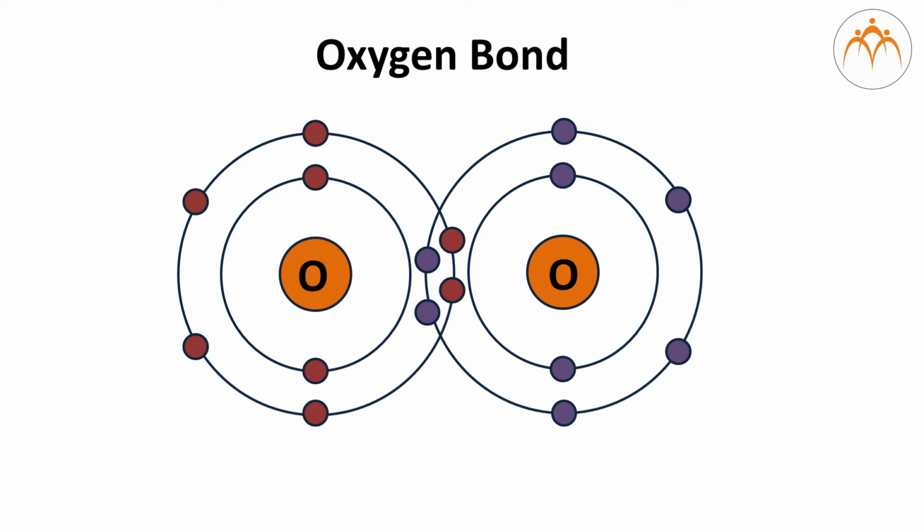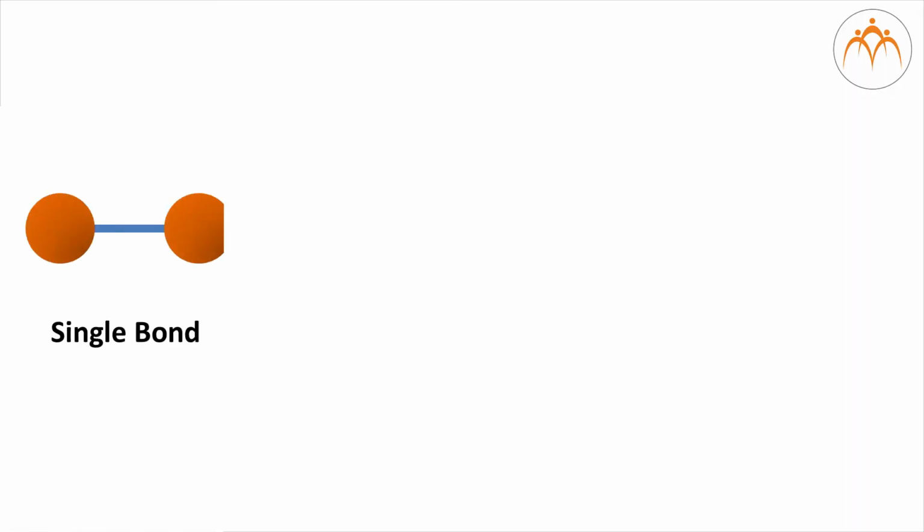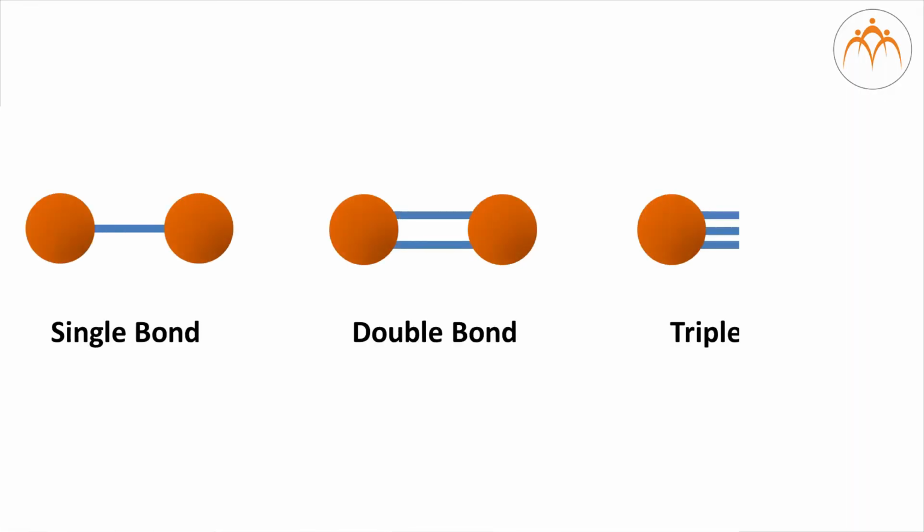Totally it has 8 electrons. In order to form the nearest noble gas neon configuration, it needs to form an oxygen-oxygen covalent bond, which is a double bond. So covalent bonds can be single bonds or double bonds or triple bonds. The main characteristic of a covalent bond is that it is formed because of sharing of 2 electrons between 2 atoms.